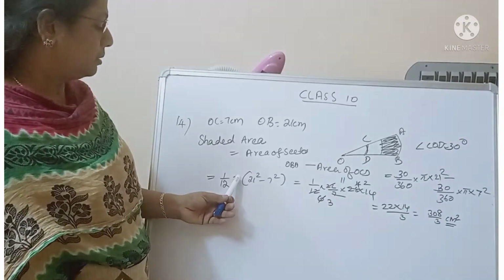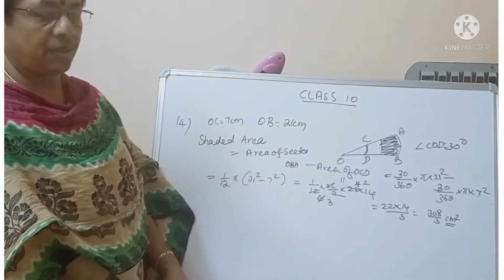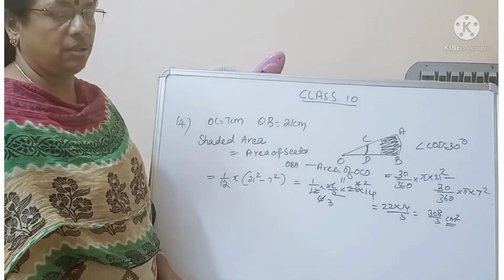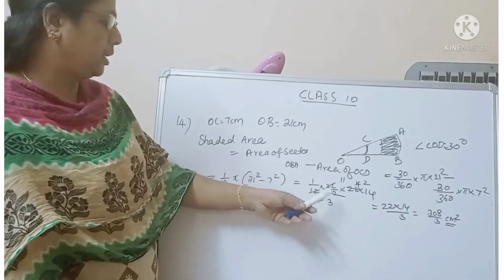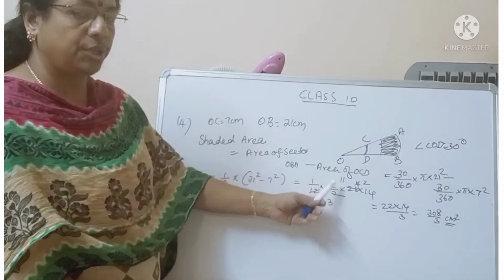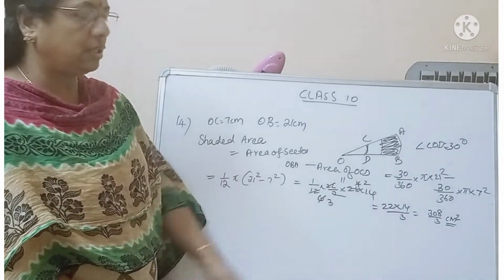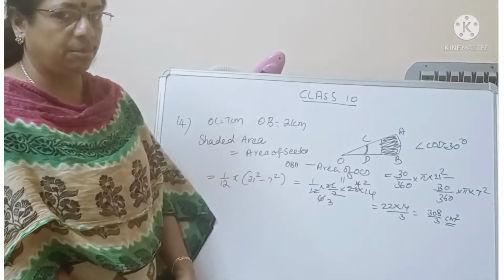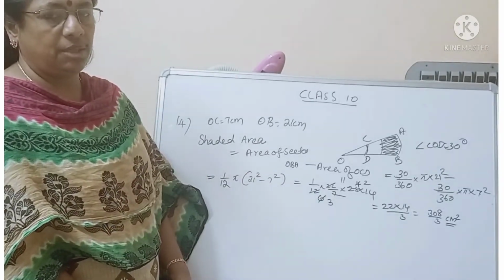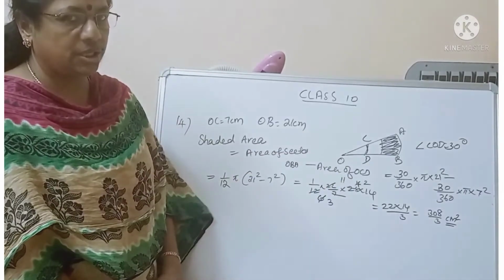Since pi by 12 is common in both, it is pi by 12 into (21 square minus 7 square). Then it is 28 into 14. So 1 by 12 into 22 by 7 into 28 into 14. After cancellation, we will get 22 into 14 by 3. That is 308 by 3 centimeter square. So that is the area of the shaded region.